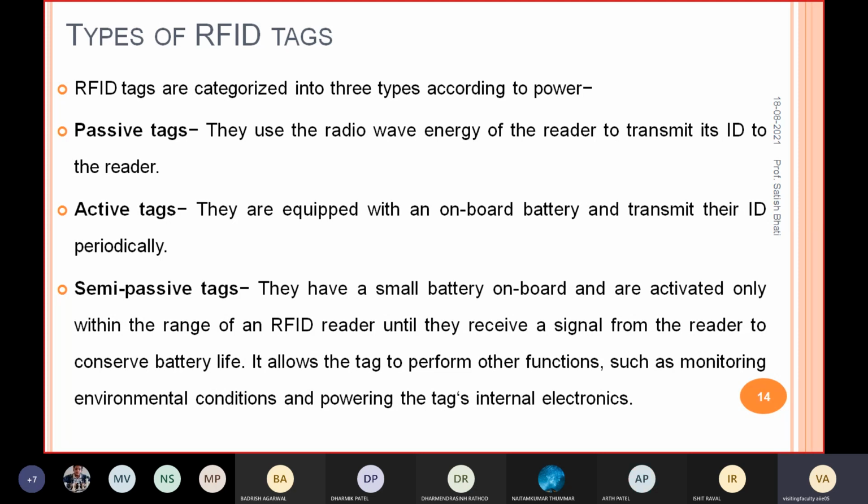Power means, as we know, a tag is a kind of electric circuit, so it needs some power. So based on that power, you can categorize RFID tags into three categories, right? Those three categories are passive tag, active tag, and semi-passive tag. Semi-passive means it's a combination of passive and active.